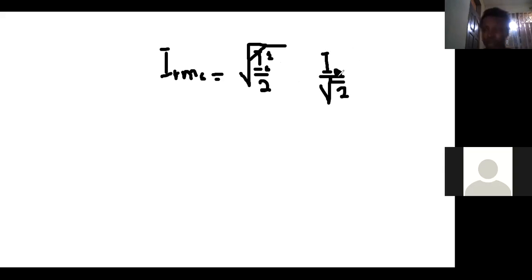If you want to relate the root mean square in terms of the peak current, then we can say that the root mean square current is equal to 1 all over root 2.